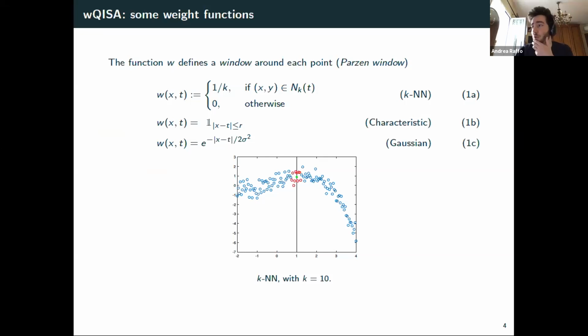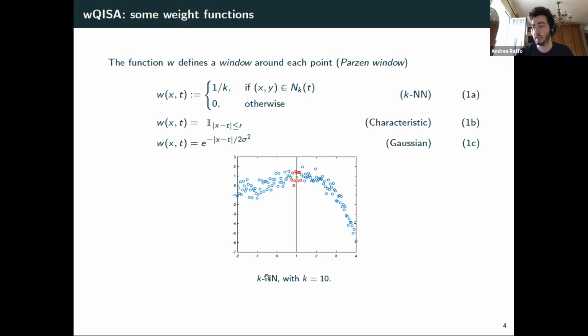Just a few examples of weight functions. We have what I guess most of you know, the k nearest neighbor function. Then we have the characteristic or indicator weight function, and finally the Gaussian weight function. As an example, in the picture, we can see the estimation of a control point in green, which has been computed by considering a weighted average of the 10 closest points to the axis x equal to 1.